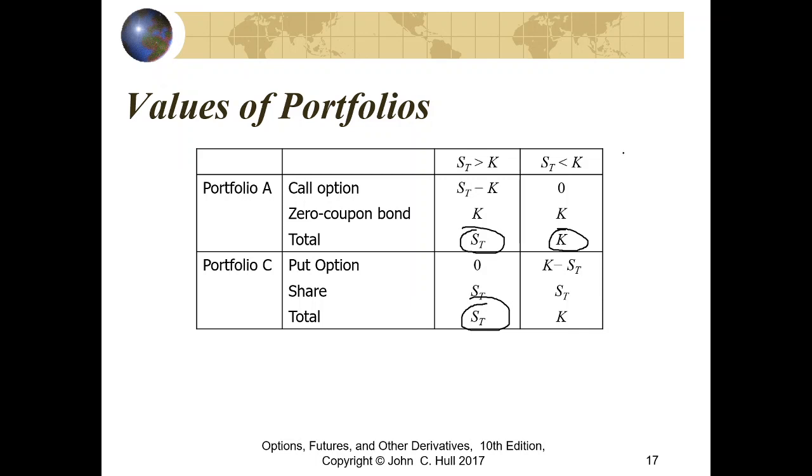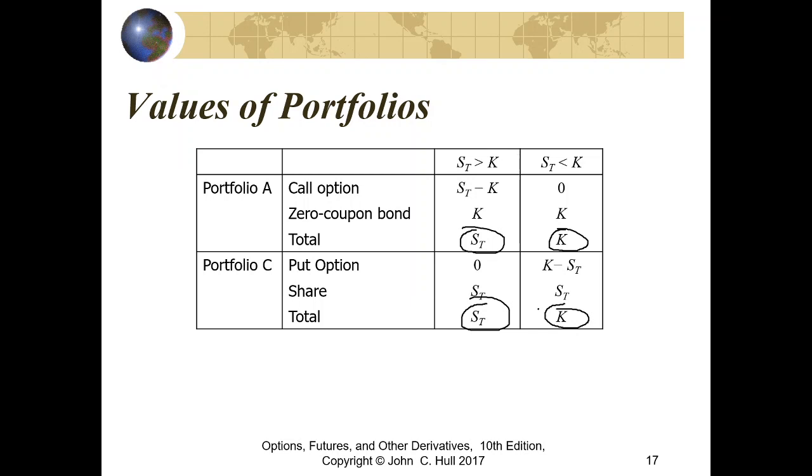Since ST is less than K, the put option will be in the money, so the payoff will be K minus ST. And the price of the stock is whatever we observe at time T, which is ST. So combined for portfolio C, the value will be K minus ST plus ST, which is equal to K.